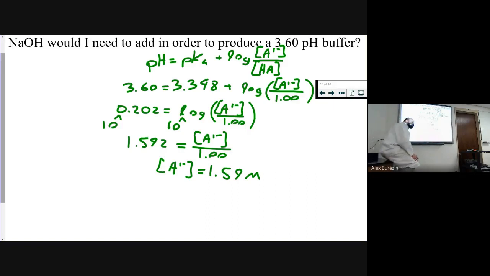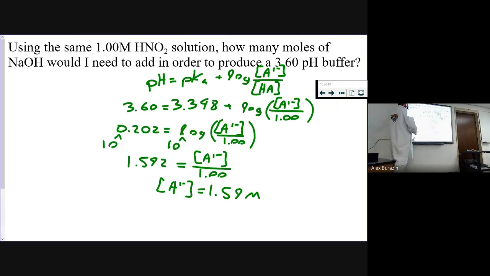This molarity is bigger than the entire molarity of my acid. So if I'm trying to achieve this buffer, I can't add 1.59 moles of hydroxide because then I'm going to completely neutralize my acid and just have extra OH. That ain't going to work.